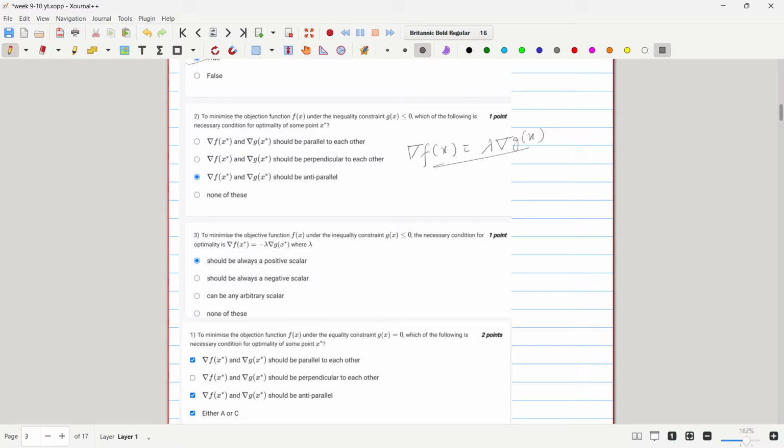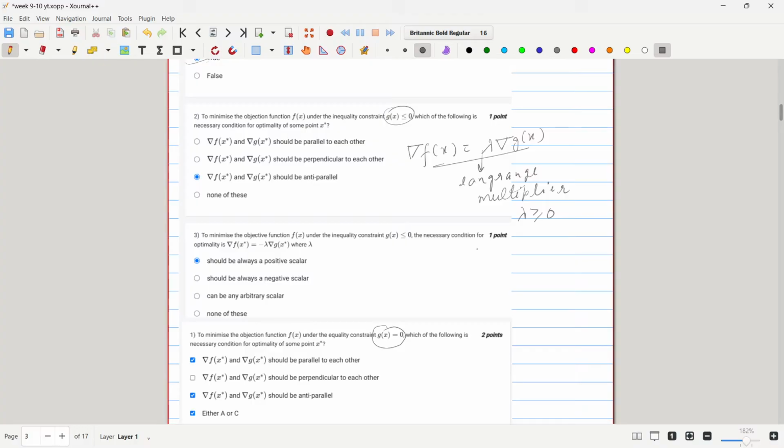Now there are two conditions. The first one where the constraint is less than or equal to 0, and second where the constraint is equal to 0. Okay. And lambda is your Lagrange multiplier. Okay. And for minimization, your lambda should be greater than or equal to 0.